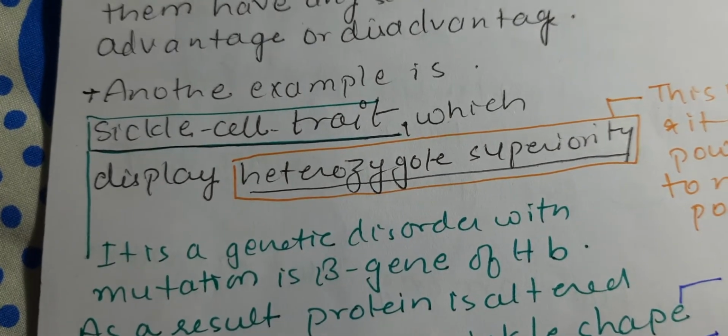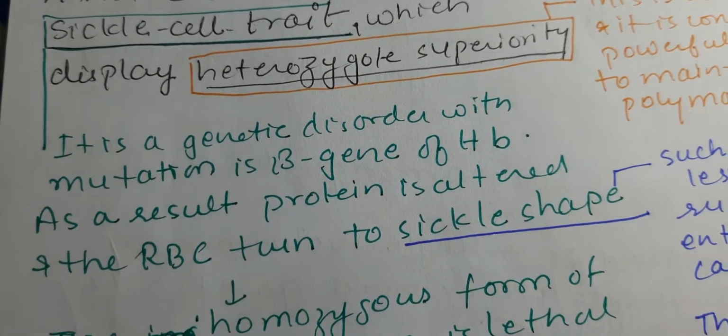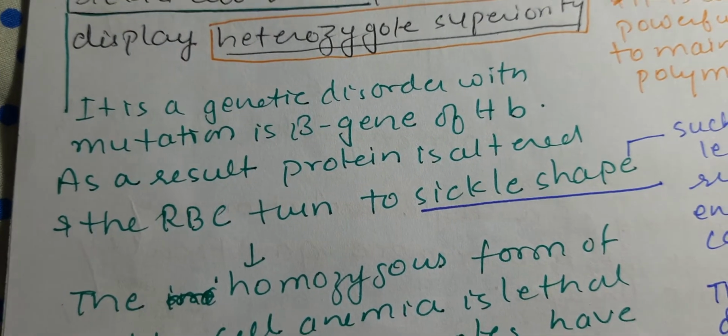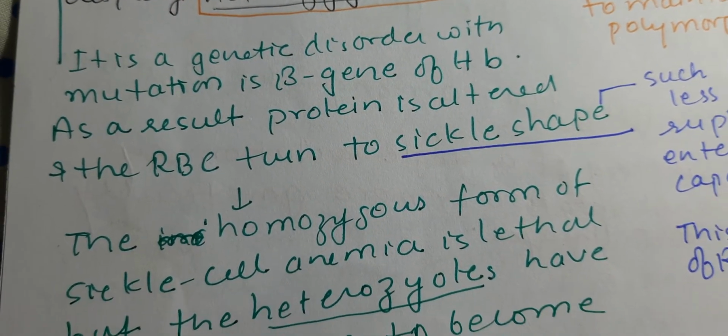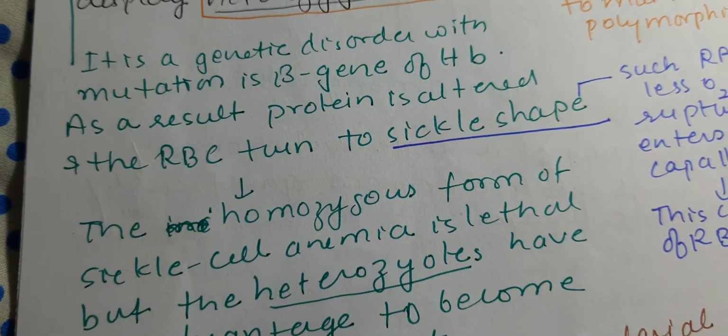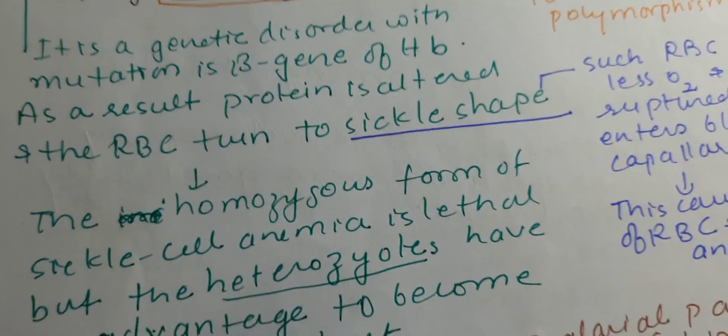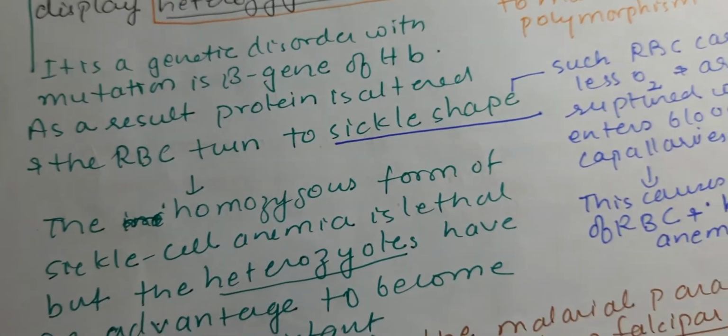Another example is sickle cell trait, which displays heterozygote superiority. It is a genetic disorder where there is a mutation in the beta globin gene of hemoglobin, and as a result the protein is altered. So RBCs turn to sickle shape.